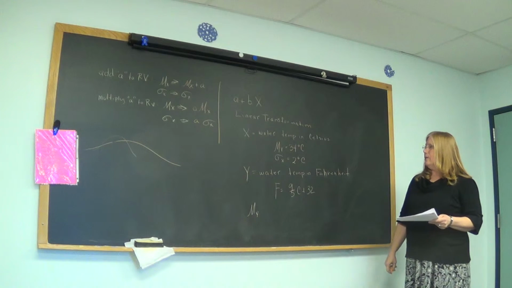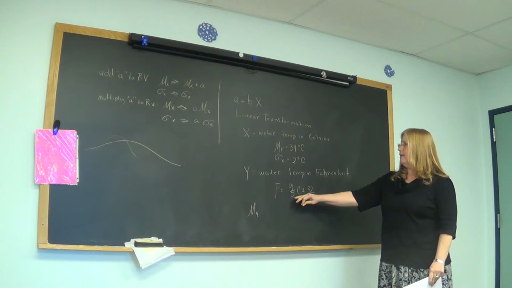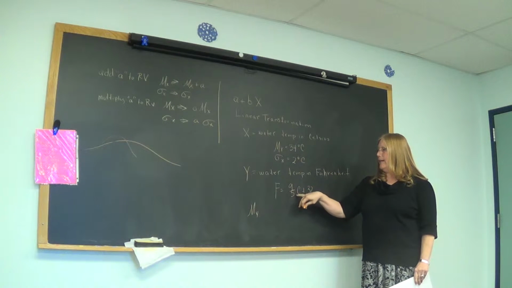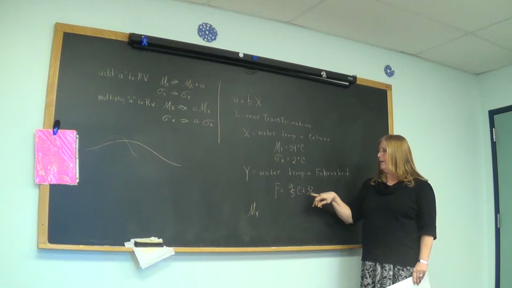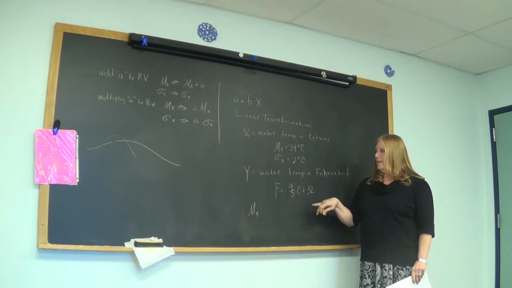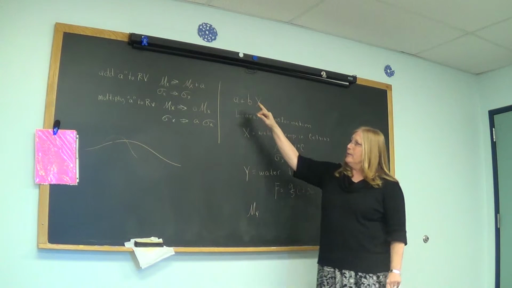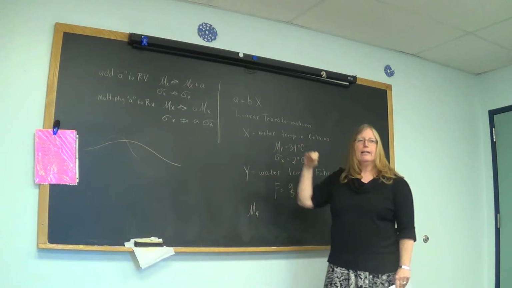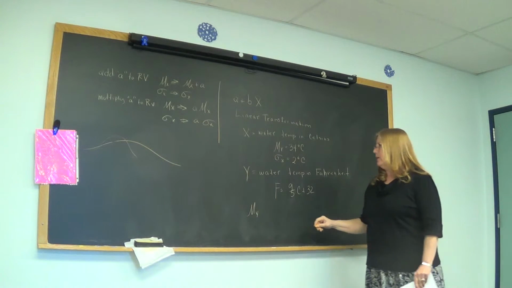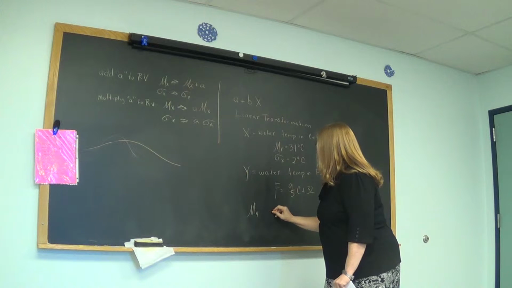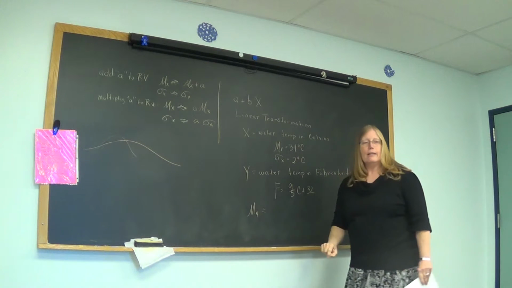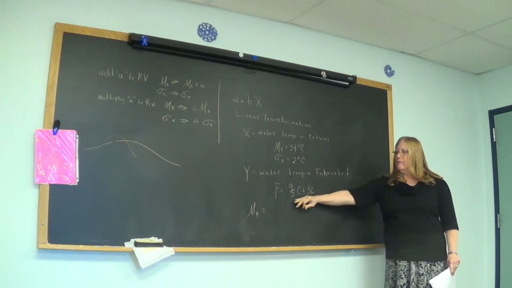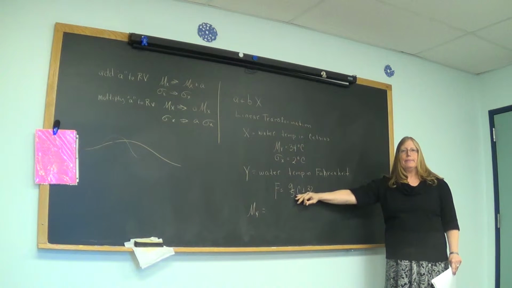So what we can do is look at the transformation. To go from Celsius to Fahrenheit, we have to multiply by this number and add this number. So, looking back at how we were trained of what happens to the mean when you add and when you multiply, can you not see how to do it? See if you can come up with the new mean, taking the old mean, and involving this transformation.